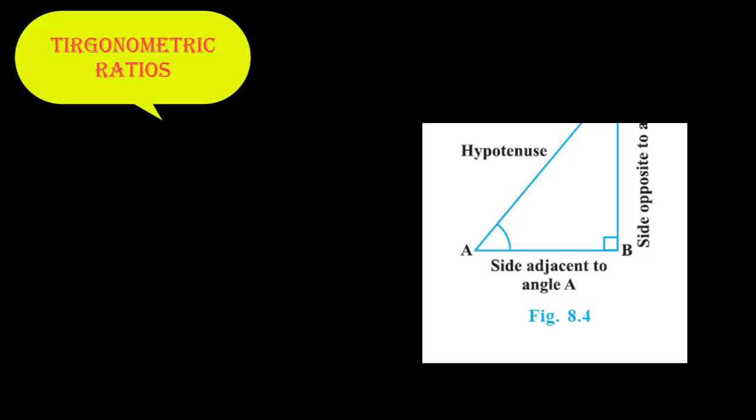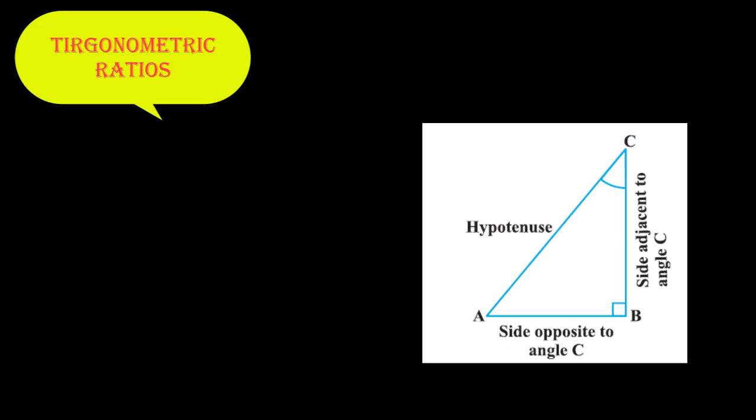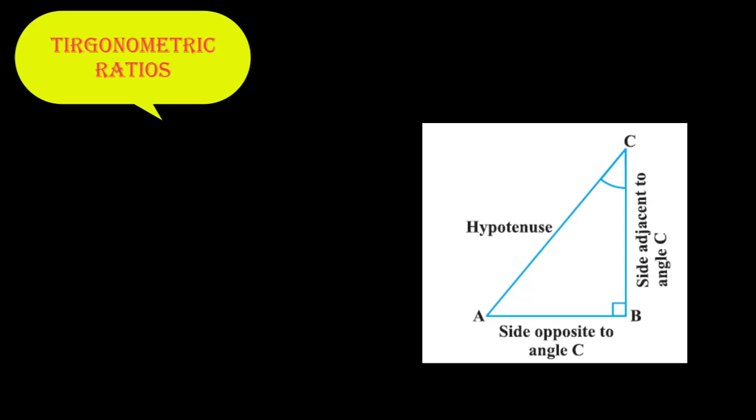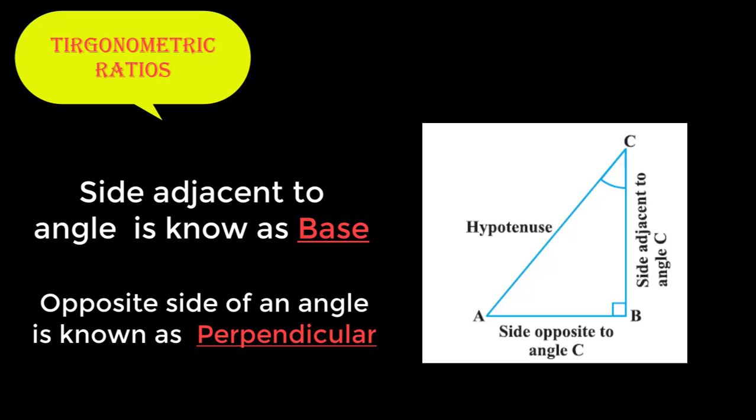Let us move to our second very important concept. Note the position of sides changes when you consider angle C in place of A. Now in this case we are taking angle C. Side AB will be the side opposite to angle C, and side BC is the side adjacent to angle C. As our concept says, the opposite side to the angle is always known as perpendicular, and the adjacent side is known as base.